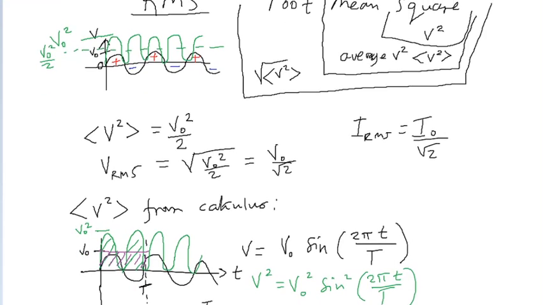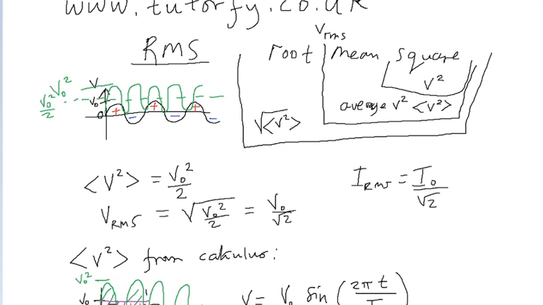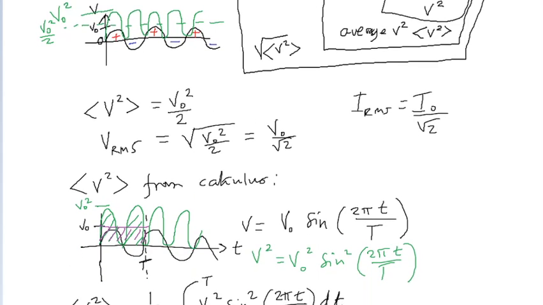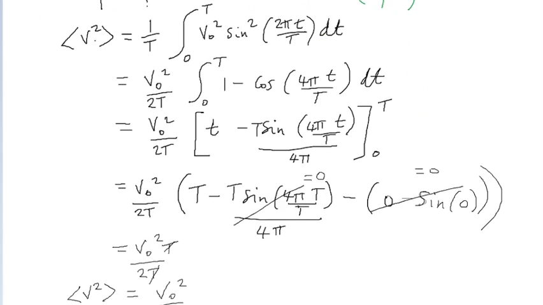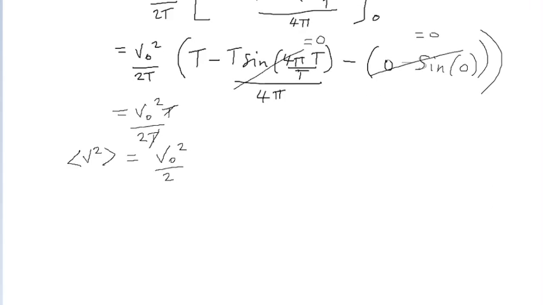Okay, so you can pick and choose what method you like here, whether you like the symmetry argument here to just say the halfway point here is going to be the average for the sine squared function, or we can do that the calculus way and we exercise your integration skills there.